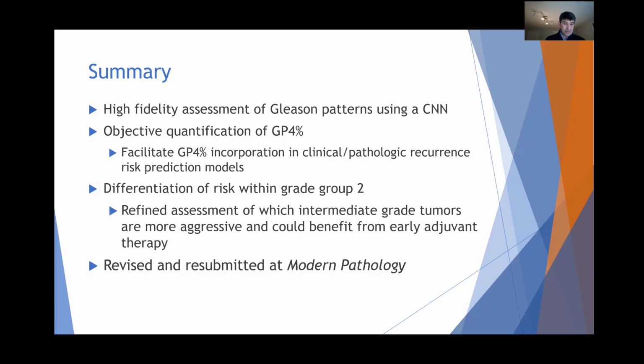And then consistent with the literature, we showed that there's this differentiation of risk within grade group 2 tumors, and that you can have more refined risk assessment within intermediate grade tumors, where more aggressive tumors might be sorted to actually treat them more aggressively.